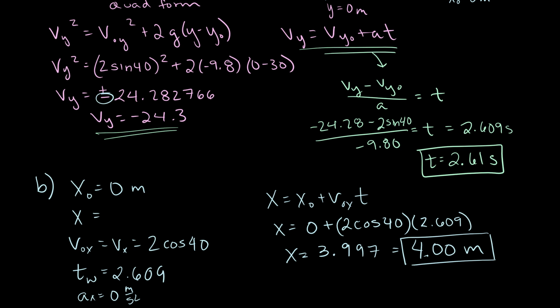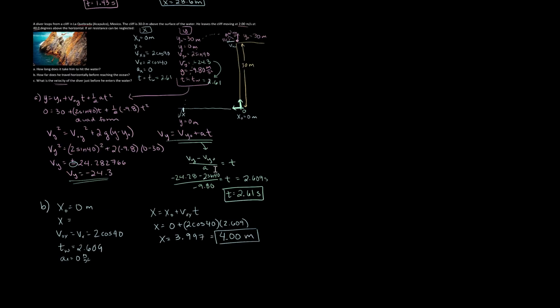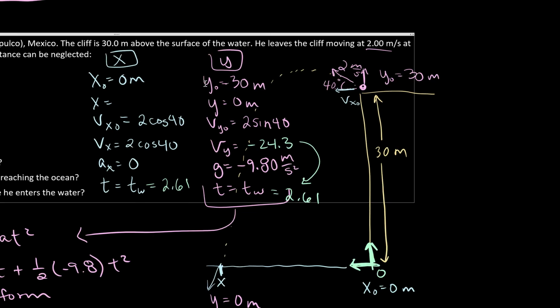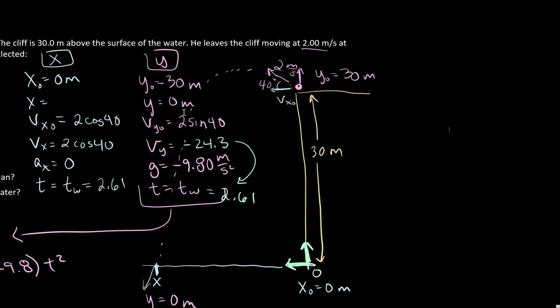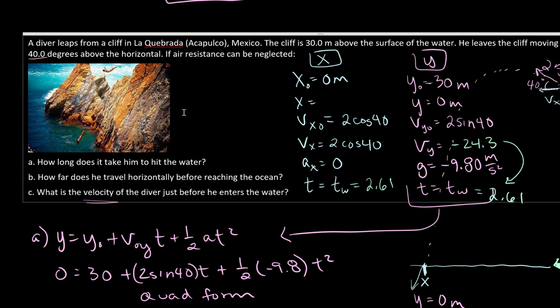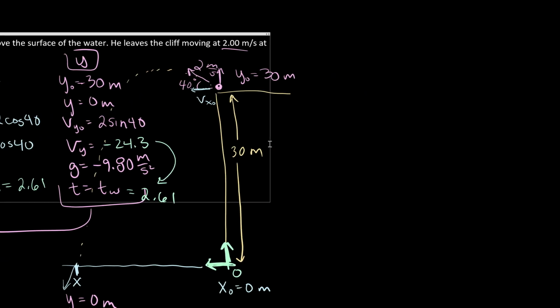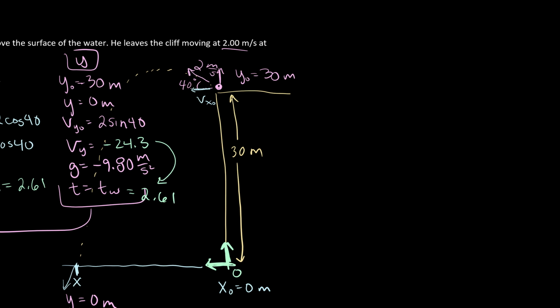Okay, the final question here asks, and actually maybe I'll go back up here. Okay, so we're asked, what is the velocity of the diver just before he enters the water? So let's focus here on this point in time when he hits the water. So here's our water.